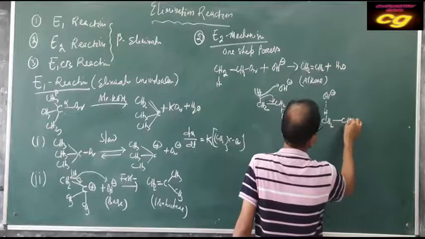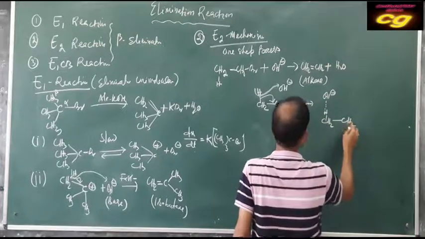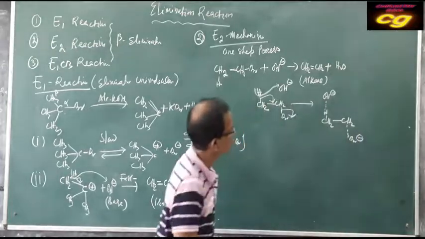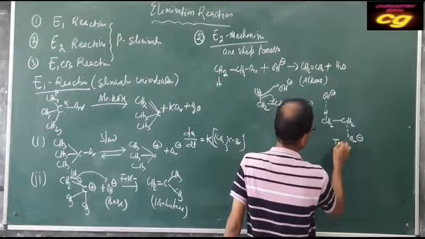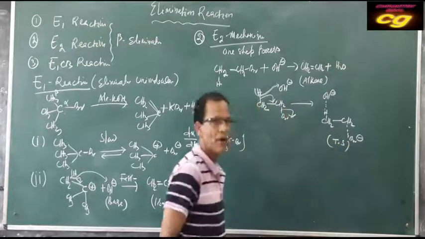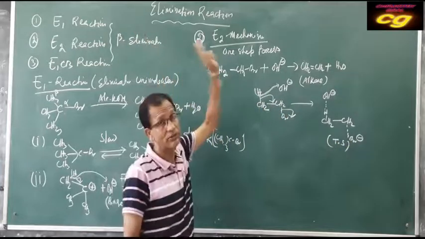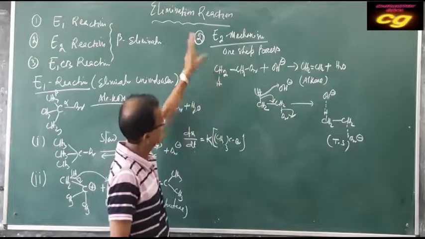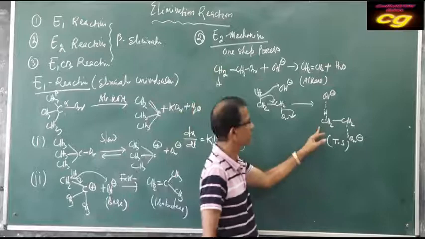then loss of bromine, Br minus. So this is called the transition state. Like your SN2 reaction, which takes place through a transition state, here E2 also occurs through a transition state.